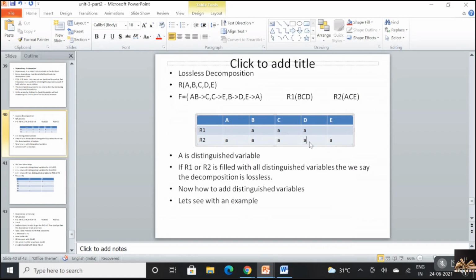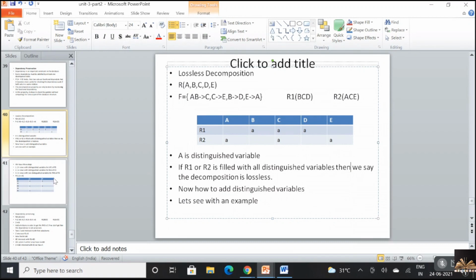I should be able to have R1 or R2 with all 5 a's. Then only I say that the decomposition is lossless, or else no. If R1 or R2 is filled with all distinguished variables, then we say the decomposition is lossless. Now, how do I add distinguished variables in the empty spaces with respect to either R1 or R2?